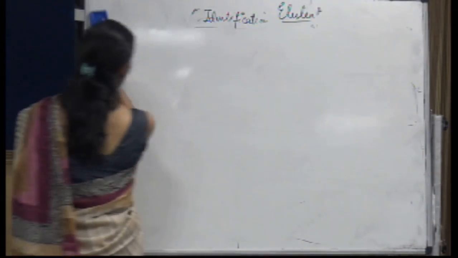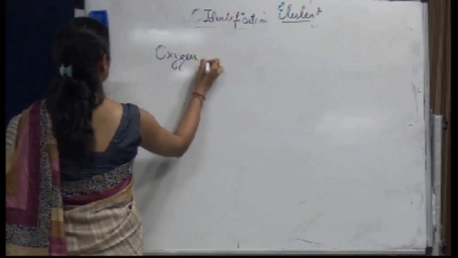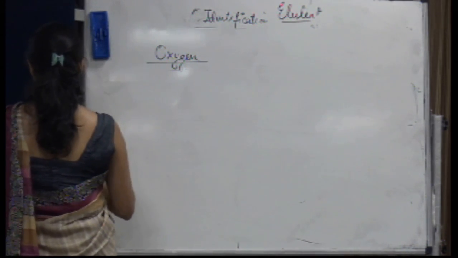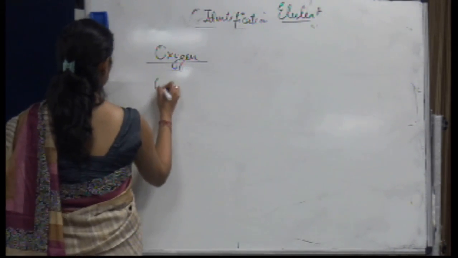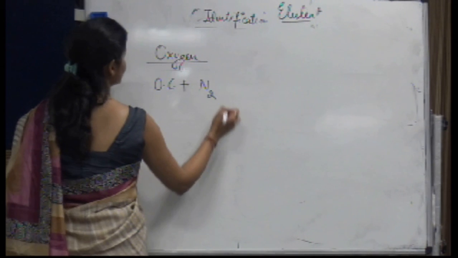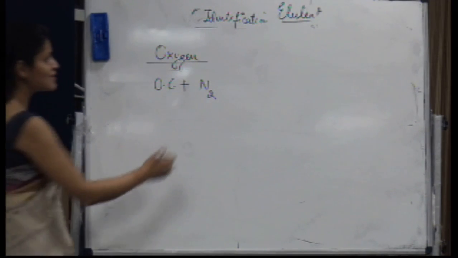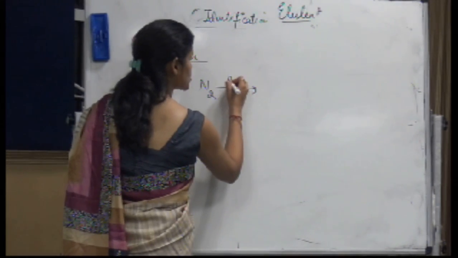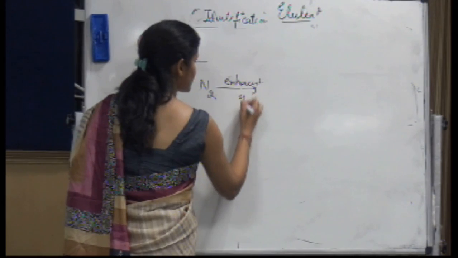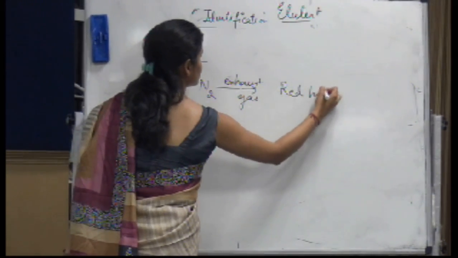Next we have estimation of oxygen. How do we estimate oxygen? We will take the organic compound and heat it in a stream of nitrogen gas, and the exhaust of gases is passed over red hot coke.